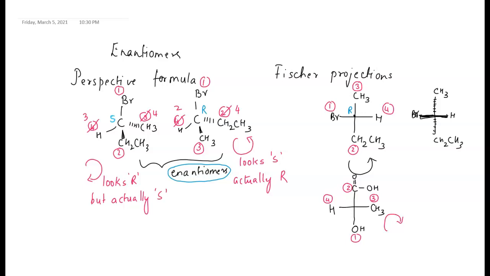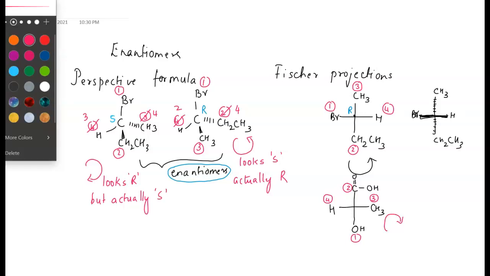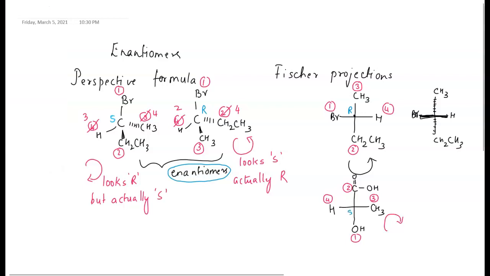So it's not R, but it is actually S. So the stereochemistry at the chiral center is actually S. So it looks R, but since hydrogen is on our horizontal bond, which is our lowest priority, we need to switch the answer.